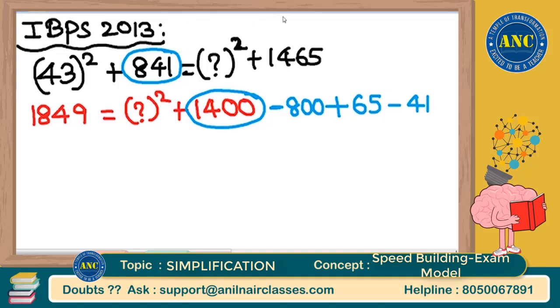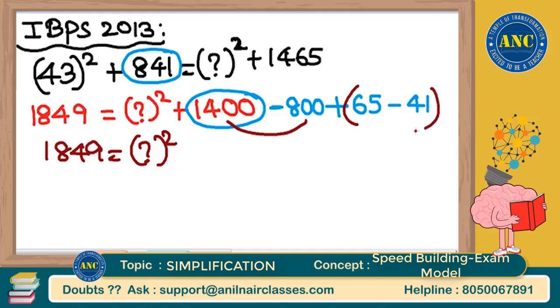I believe that you know how to simplify this very, very easily as of now. Can I now say that this 1849 is equal to question mark square plus 1400 minus 800 is 600. 65 minus 41 is 24. It is minus 624, right?